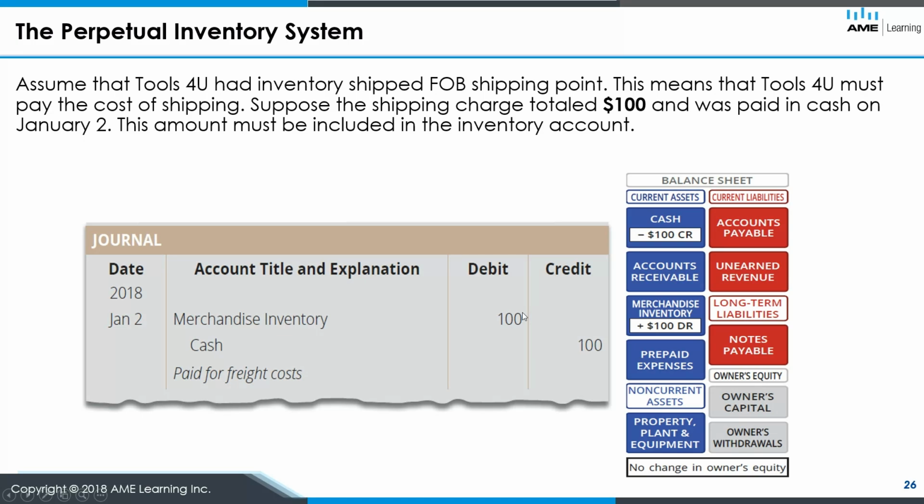Even though we only paid $10,000 for the actual item from the manufacturer, we include the cost of the shipping as a cost of the inventory as well, so that we're capturing all the costs of getting the inventory to us in a sellable state. So just remember, it's not shipping expense when it comes to us. It's actually an increase to an asset. So cash, an asset, goes down and the inventory asset goes up.